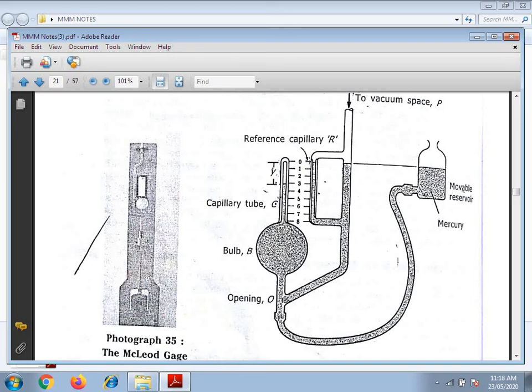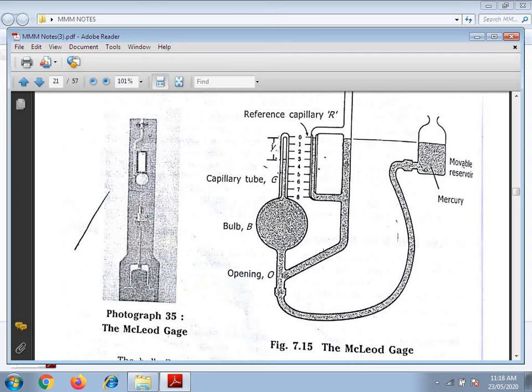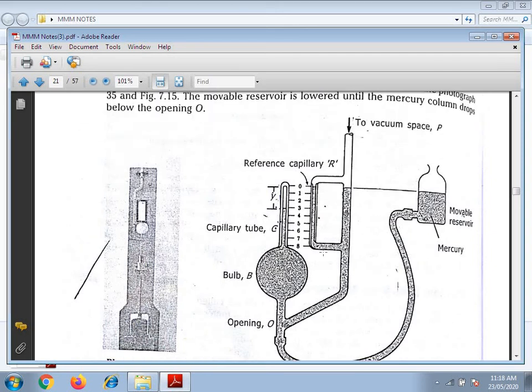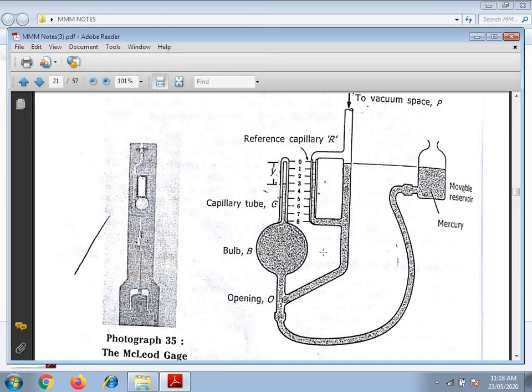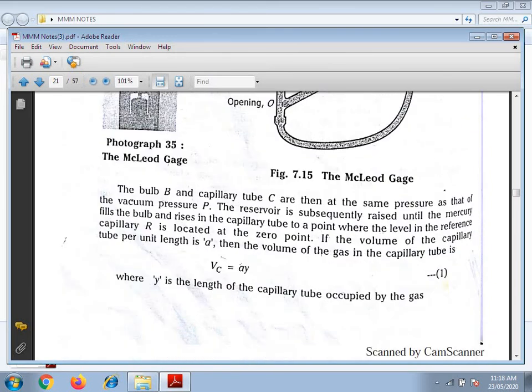If the volume of the capillary tube per unit length is say A, then the volume of gas in the capillary tube is AY. What does AY mean?